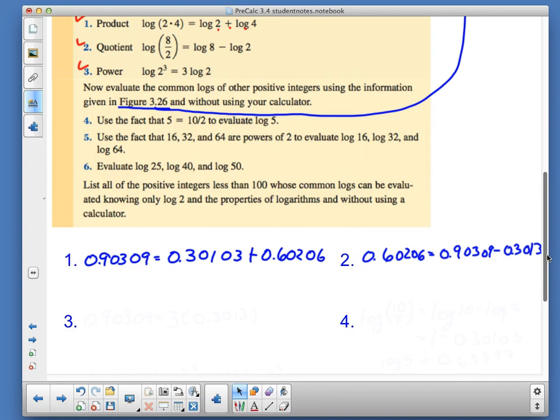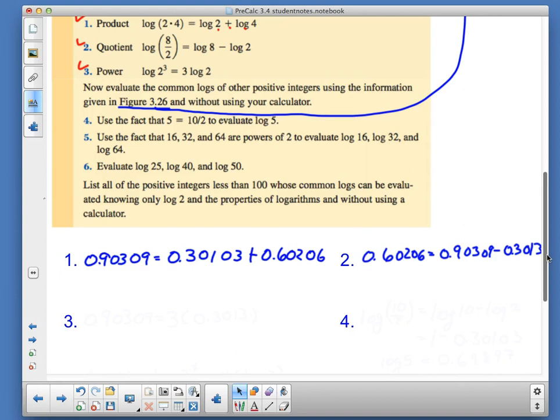Now in 3, I'm looking at the power and how that's going to work. So if I do the common log, base 10, of 2 to the third power, that should be the same as 3 times the log of 2. Remember, 2 to the third power is 8, and I've been referring to those powers: 4 is 2 to the second power, 8 is 2 to the third power, and looking at the actual value we had for the log of 2 and being able to manipulate it to get to those other answers.